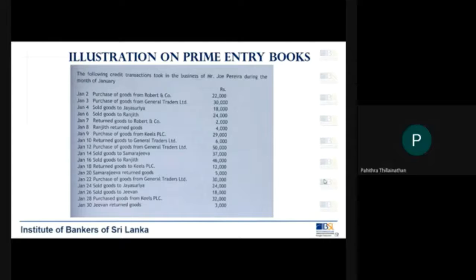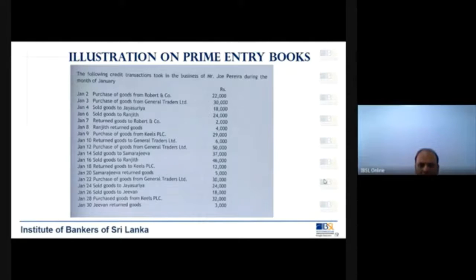Yes, sir. Right. So I want you to quickly draw up the relevant day books. I don't want you to write the cash book, but only the day books, right? How you will record these transactions in the day books. I'll give you about 4 to 5 minutes maximum.